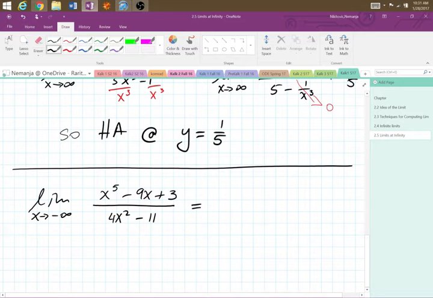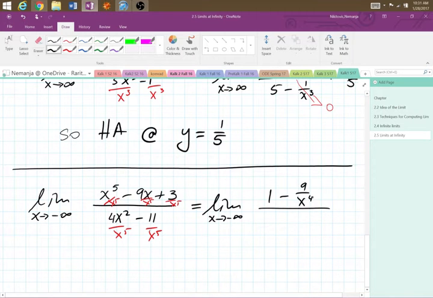So we are going to divide by the highest exponent, which is x to the 5. And as you cancel, don't forget the limit, 5 points. We have 1 minus 9 over x to the 4th plus 3 over x to the 5, divided by 4 over x to the 3 minus 11 over x to the 5.